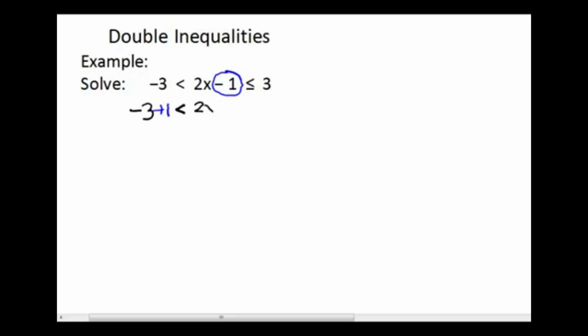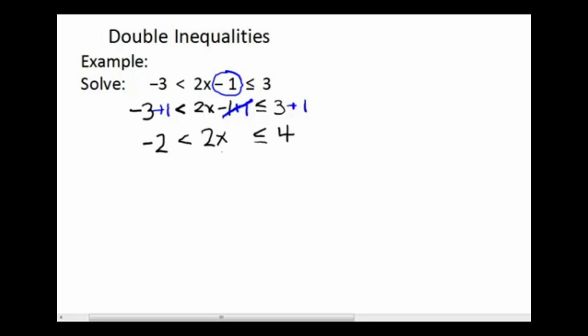When we add it in the middle section, it's going to cancel just like we planned. And we'll add it on the other section. That's what makes it okay to do. You have to do it all the way across. Clean up. So here we have a -2 is less than 2x, which is less than or equal to 4.